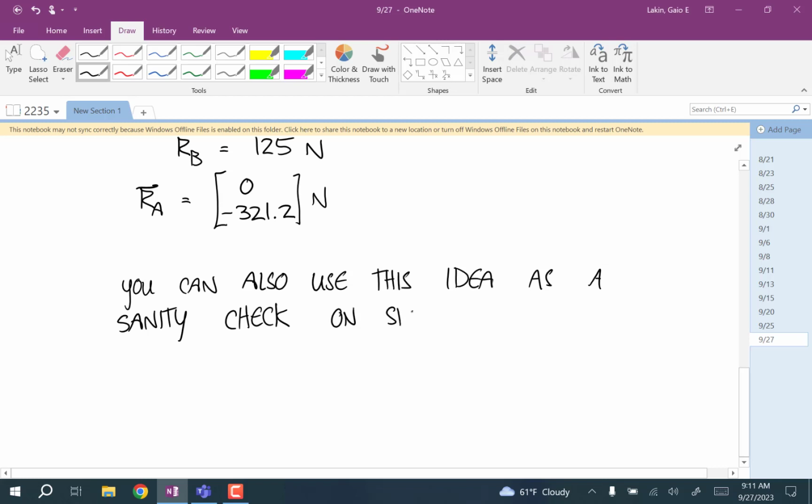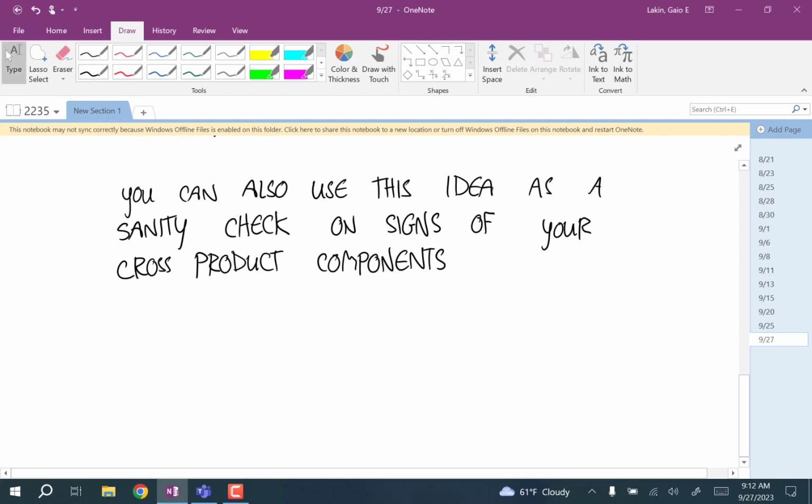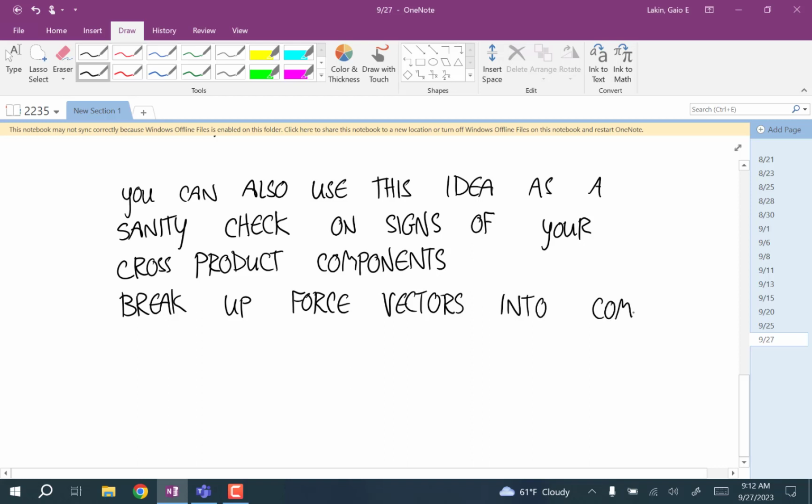On the signs of your cross product components, when you're computing the moments. And you can do this by breaking up the force vectors into components.